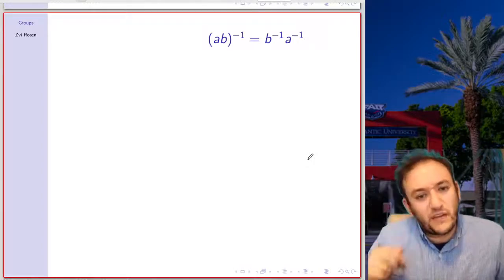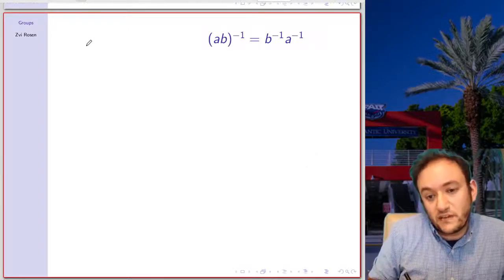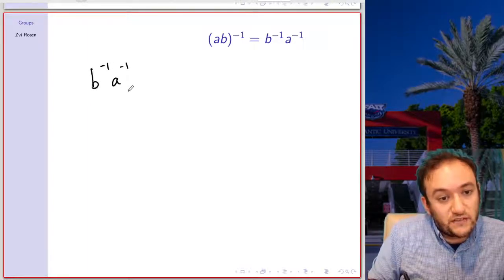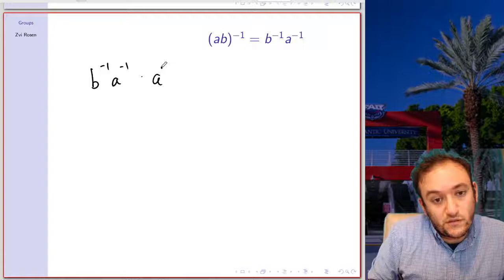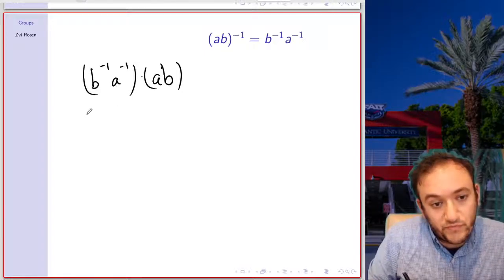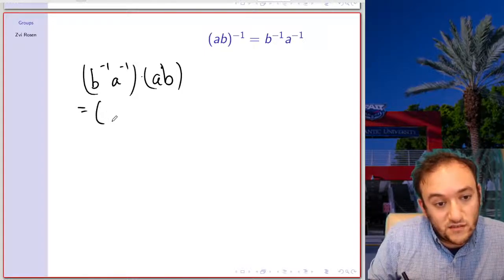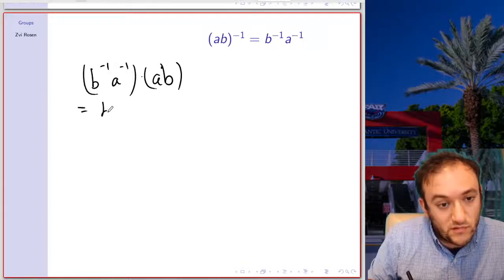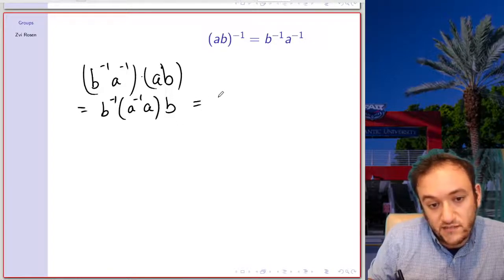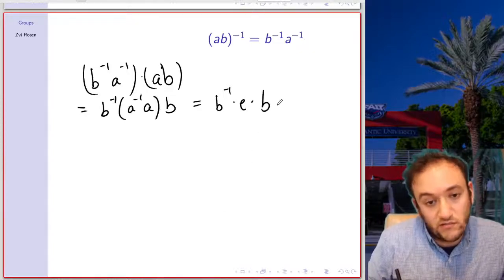Okay, how about AB inverse equals B inverse times A inverse? Well, if we have B inverse A inverse and AB, we can use the associative property to make this B inverse A inverse A B, which is B inverse E B, the identity.